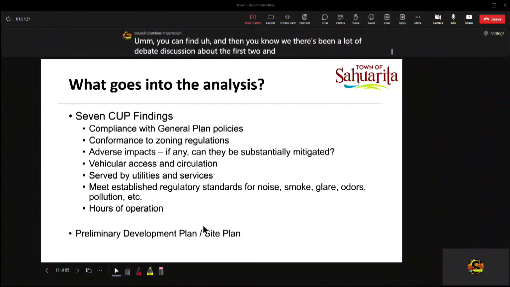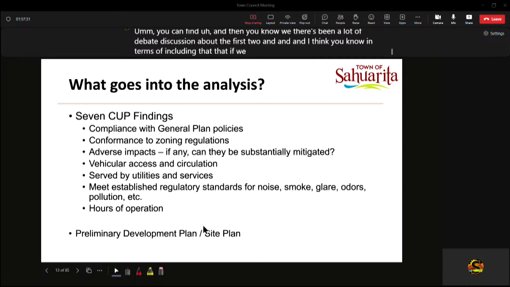So these are your 7 sort of broad CUP findings, and there's been a lot of debate and discussion about particularly the first 2. We've come to the conclusion that if a use is conditionally allowed under a particular zoning category, it is in conformance with zoning, and it is in conformance with the general plan.